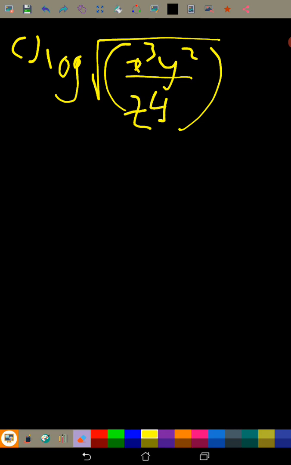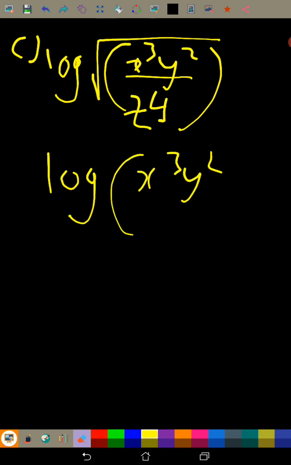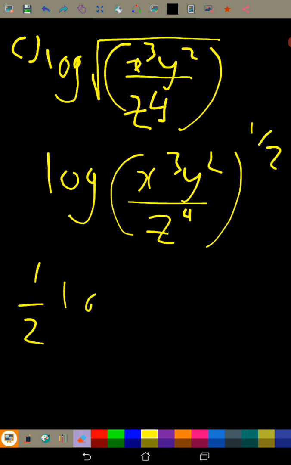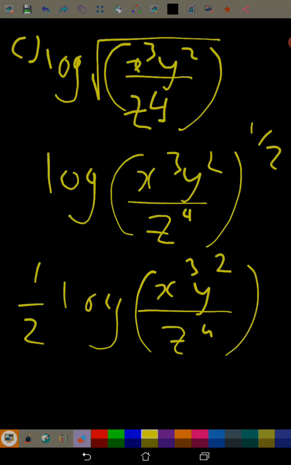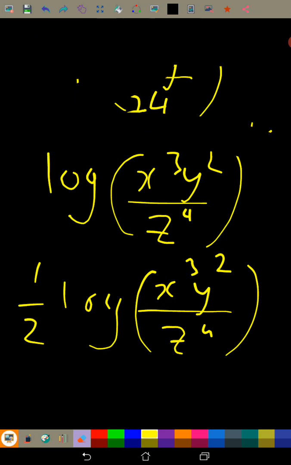So how do we proceed here? We have log, we have such a big thing, we have z to the power 4, we have half here. We know that we can do this for any log base. So we just did it.